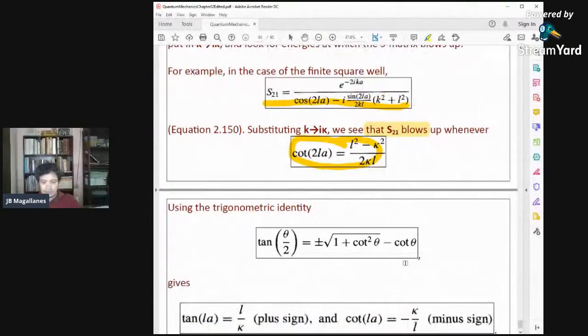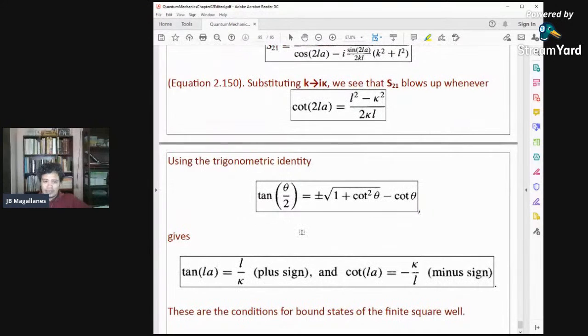So if you use this trigonometric identity, you will find out that tangent la will just be l over kappa, and cotangent la will just be negative kappa over l.